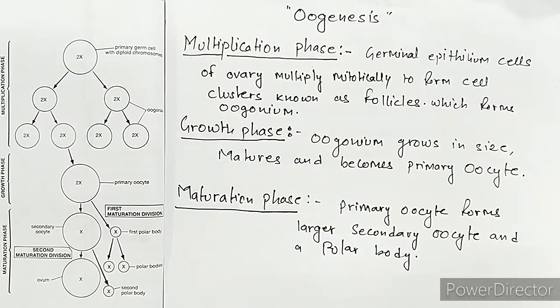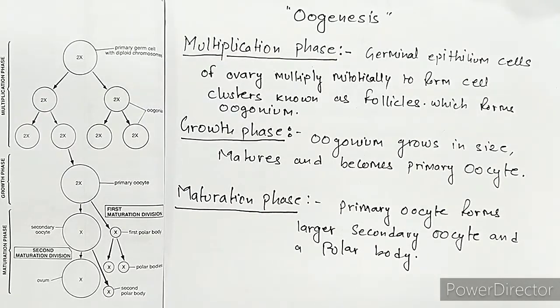During this phase, the Graafian follicle comes to the ovarian surface, and immediately after meiosis 1, it ruptures to eject the secondary oocyte near the open end of the fallopian tube.